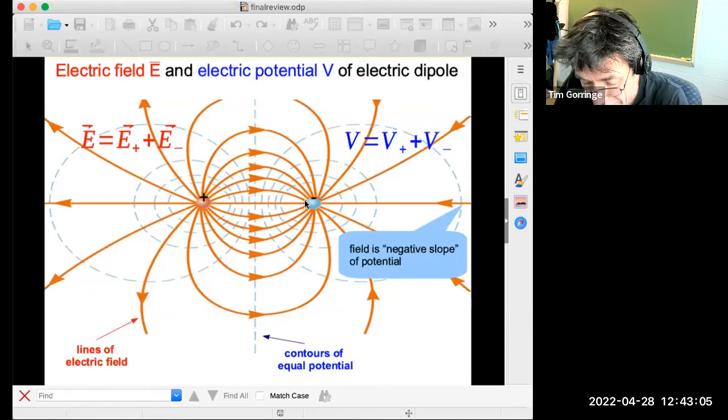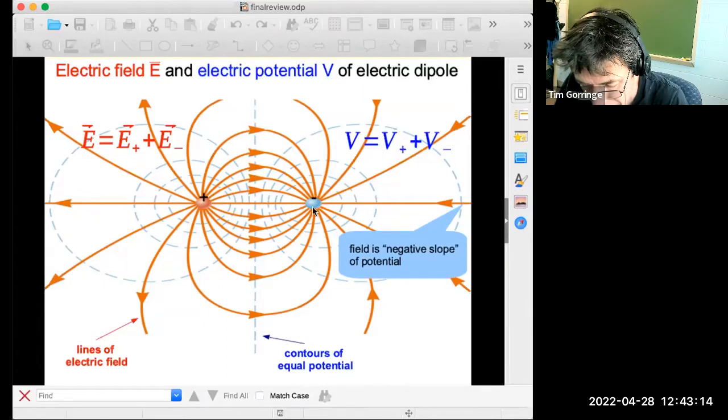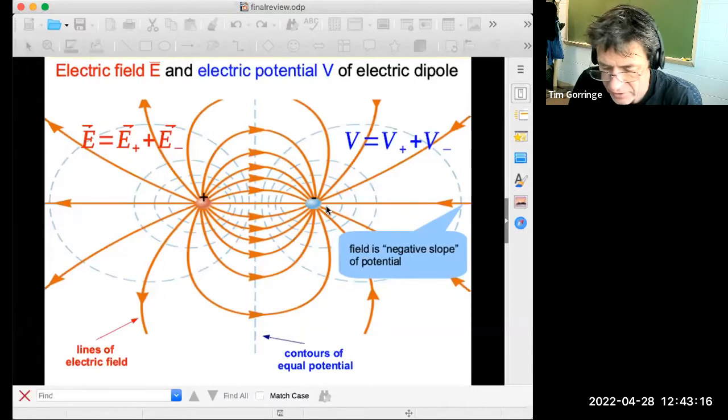If you look around the negative charge, the field lines are going radially inwards towards the negative charge. That's because the field itself points radially inwards in the neighborhood of this negative charge. And so that's how electrical field lines are very handy for sketching electrical fields and for visually conveying an electrical field.